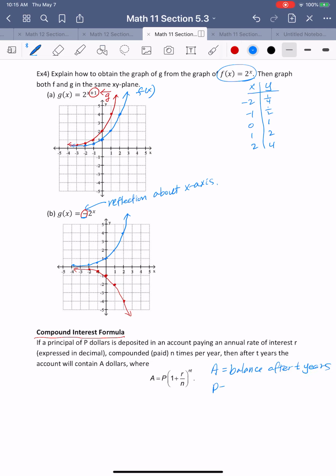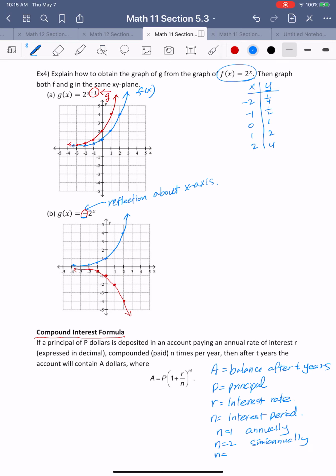and P is the principal, which is how much you invested, and R is the annual interest rate, in decimal, and N is the interest period. N equal to 1 means annually. N equal to 2 means semi-annually.